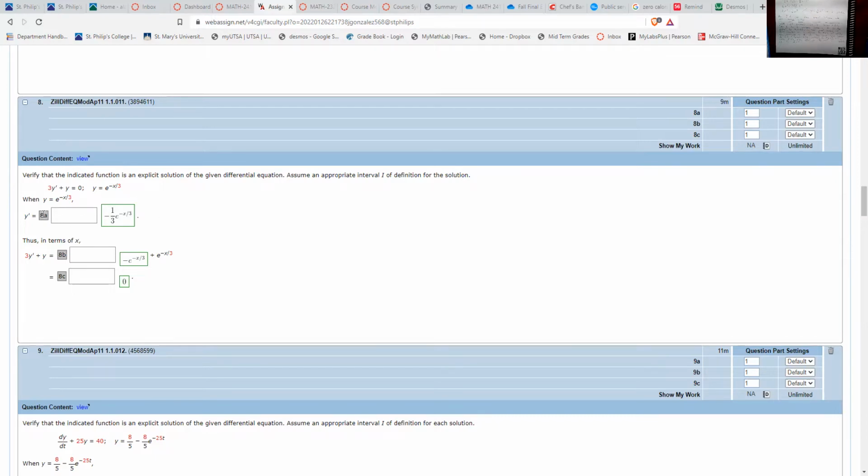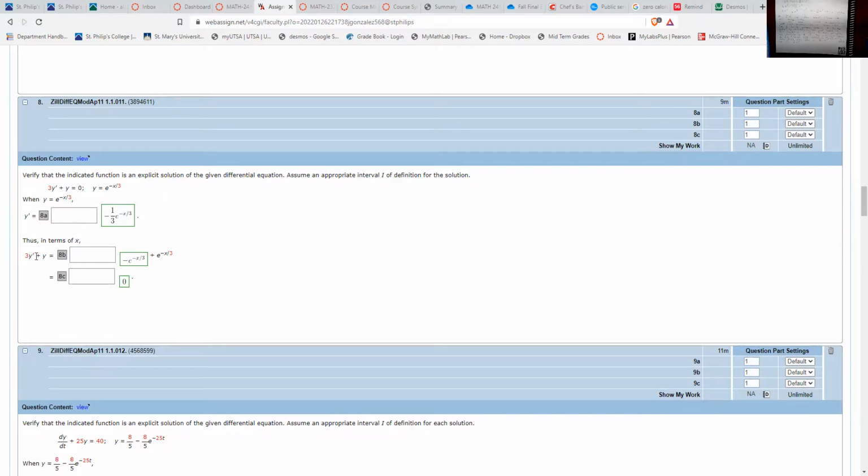On this homework though, they tell you to find the derivative. So derivative of this obviously is that guy. And then they ask you to, let's see here. Thus in terms of x. Oh, I see.